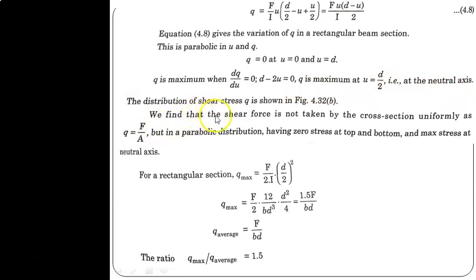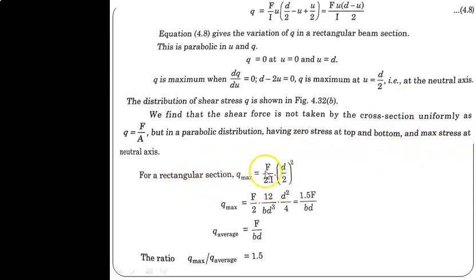The distribution of shear stress q is shown in figure 4.32. We find that the shear force is not taken by the cross section uniformly as q is equal to F by A, but in a parabolic distribution having zero stress at top and bottom and maximum stress at the neutral axis for a rectangular section.